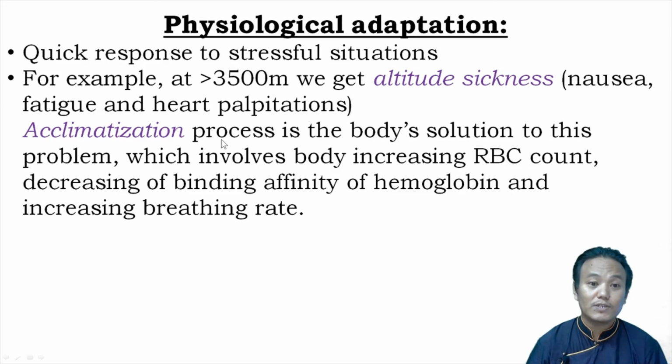This acclimatization process is the body's solution to the problem of altitude sickness. Right? During acclimatization, our body increases our RBC count, red blood cell count. It decreases the binding affinity of the hemoglobin, and it also increases the breathing rate. So our body, through the acclimatization process, overcomes altitude sickness. Right? So this is a physiological adaptation.